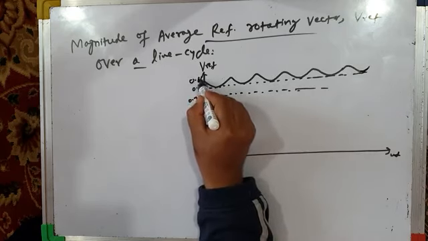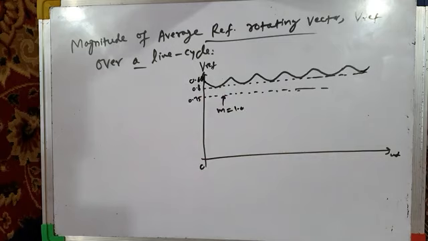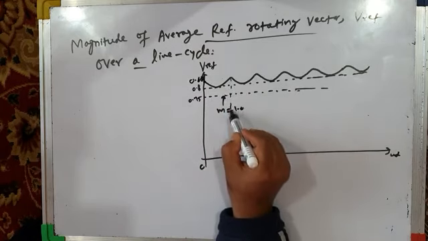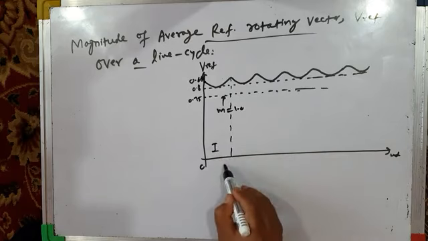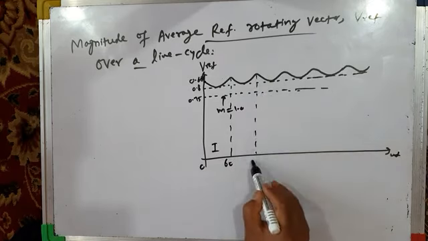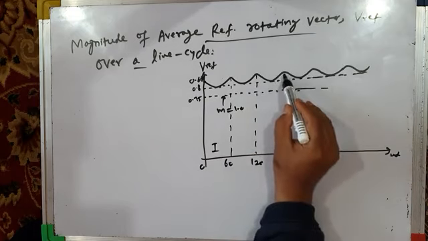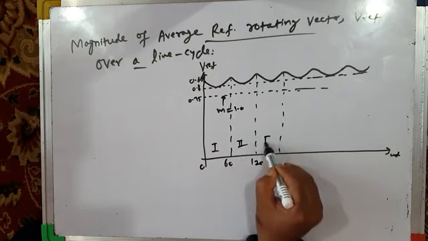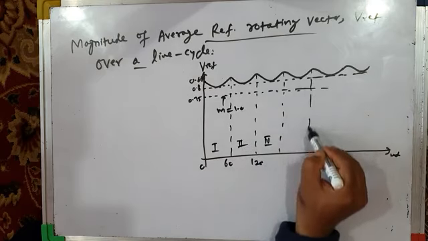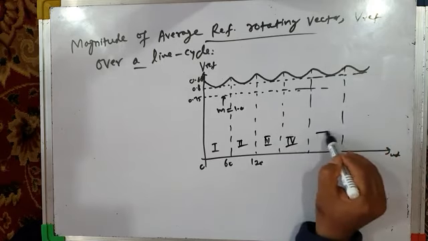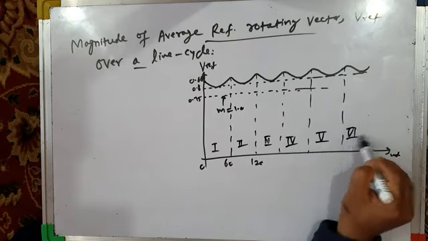This is 0.866, this value, 0.866. In the first sector, 0 to 60 degrees. This is sector 2, 60 to 120 degrees. This is sector 3.